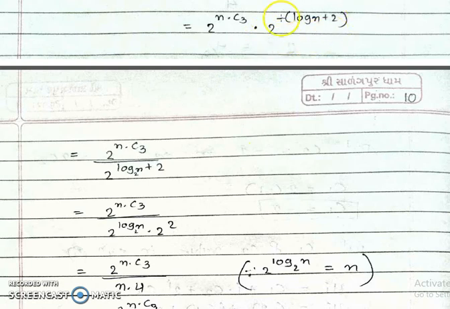Then this term we also write as 2 raised to n into C3 divided by 2 raised to log n, times 2 raised to 2. So we also write 2 raised to n into C3 upon 2 raised to log n base 2 into 2 raised to 2. Here 2 raised to 2 is equal to 4.